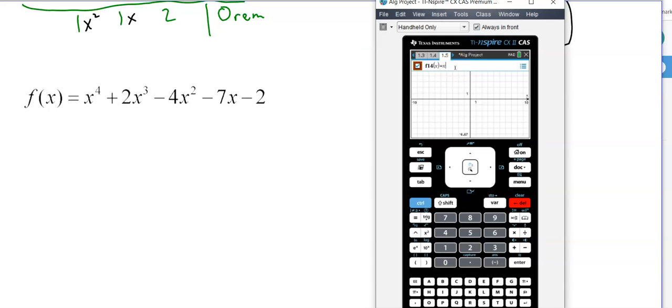X to the power of 4 plus 2x to the third minus 4x squared minus 7x minus 2. Ooh, wow, so it looks like I've got a bunch of solutions there. Let's see if any of these are nice ones for the graph. Menu 5, 1. That one's nice. It's a 2.